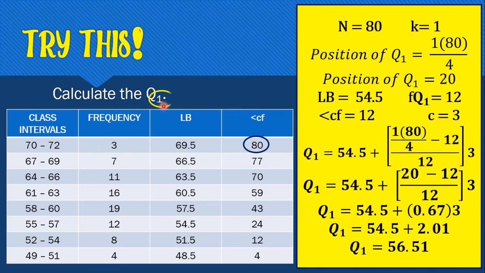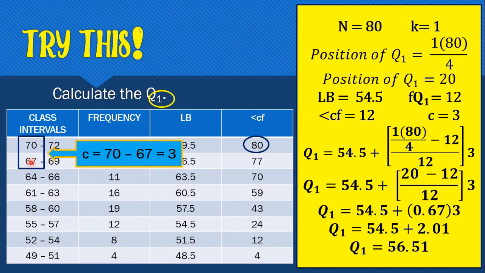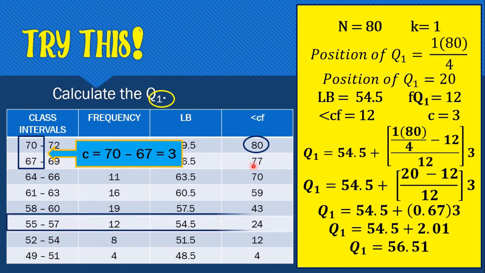And then for our class size, 70 minus 67, this is equal to 3. So our c is equal to 3. And then for our given position of Q sub 1, we have 1 times 80 is 80 divided by 4 is 20. So our 20 will fall here. This will be the 13th to 24th score. So our Q sub 1 class is 55 to 57.